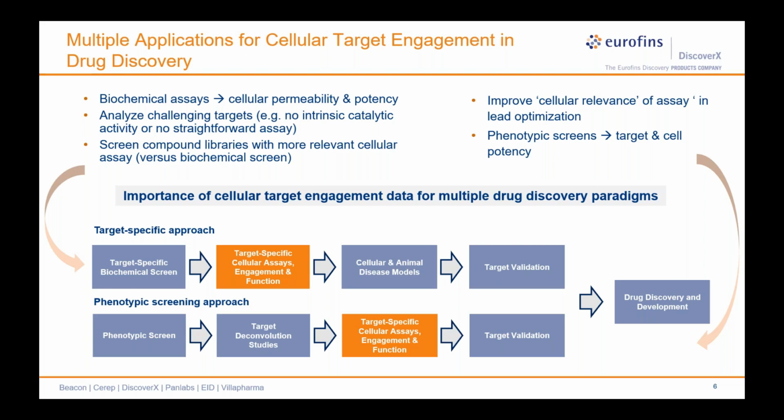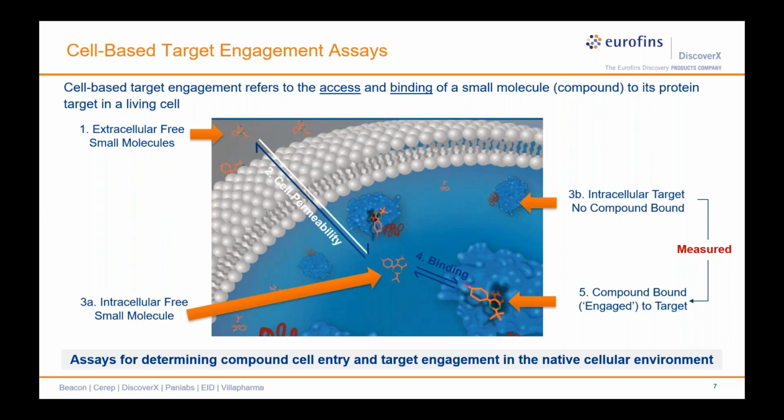And in phenotypic screening approaches, they can be useful for target deconvolution to confirm what target was giving rise to the phenotypic signal. So I wanted to go over how a cell-based target engagement assay is developed and performed.